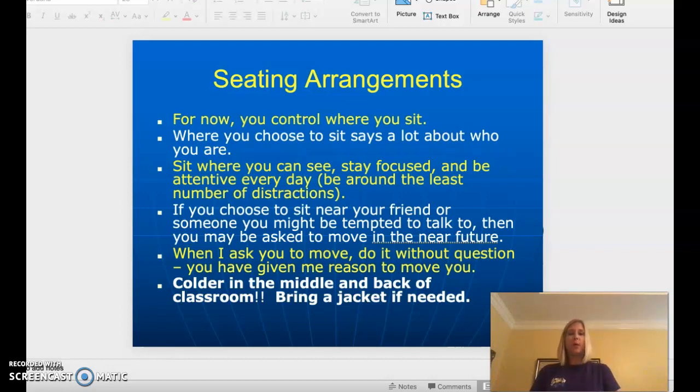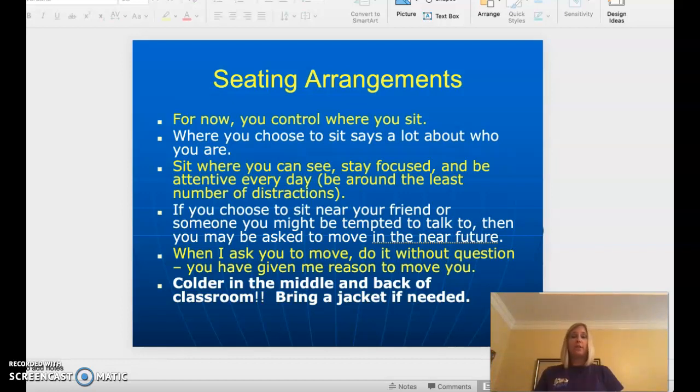This is generally my rule about seating arrangements. It's very important that you are in a place where you're going to be around the least number of distractions. You'll be attentive and you'll be able to see and stay focused. So bottom line, if you end up somewhere that you really don't want to be, just talk to me and I'll see if I can make some new arrangements for you.